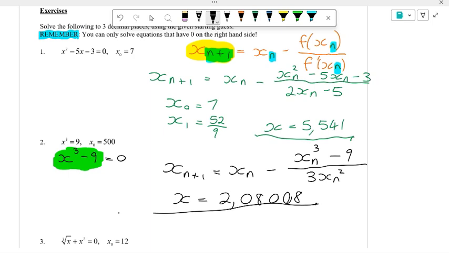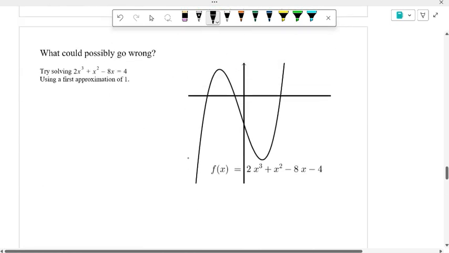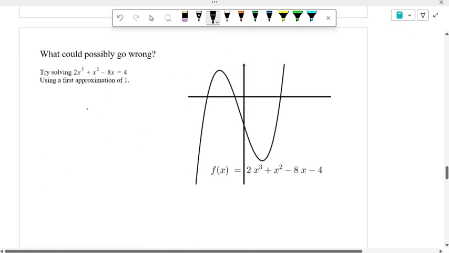There are 2 things that I just need to tell you about. 2 things where, not that it can go wrong, but where something interesting can happen. Okay? So, look at this one now, and I want you to try solving this equation. Okay, 2x cubed plus x squared minus 8x equals 4.